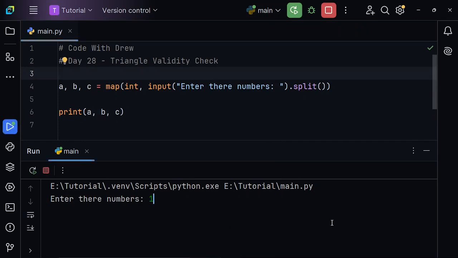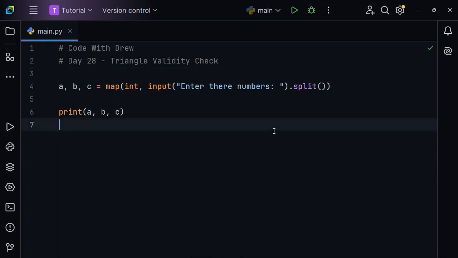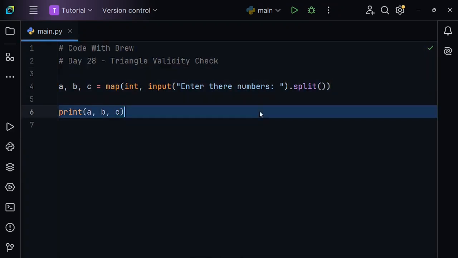Okay, so 1, 2, 3. So you have it in action right there. The next thing I want to do now is check this. I would like to compress all this conditional check. The checking is just that if the addition of two sides is greater than the third, then it's a triangle.